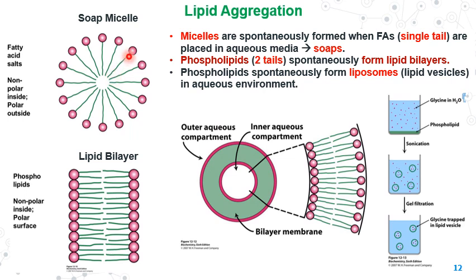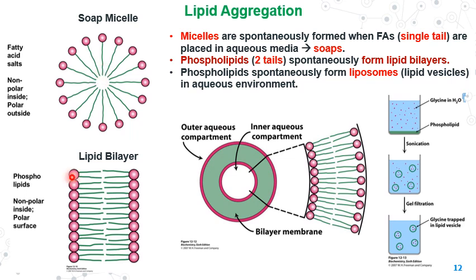But because this molecule has only one fatty acid, it does not allow for enough space for a bilayer to form. Okay, so you have to look also at the geometry of those fatty acids, right? So here, if you have only one tail that is a fatty acid, you are really going to form this micelle. There is only one layer, and you don't have the other layer for a bilayer here.